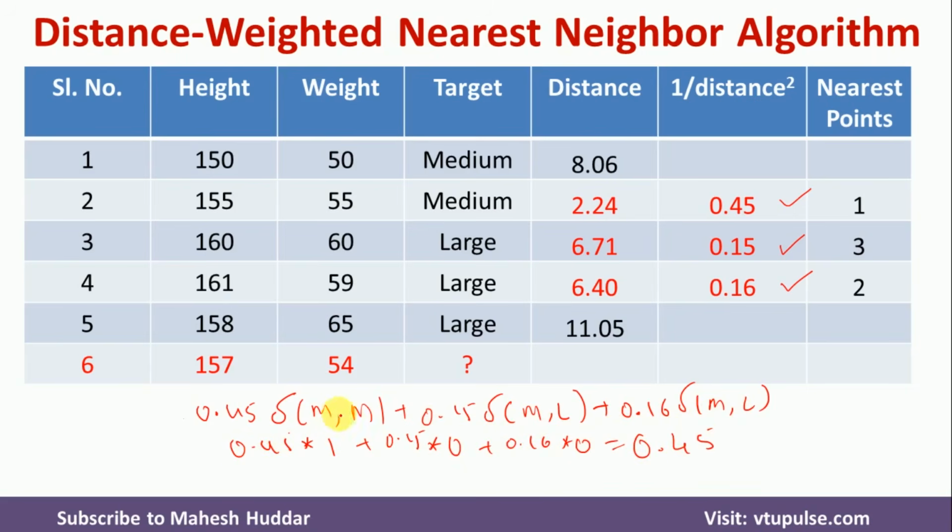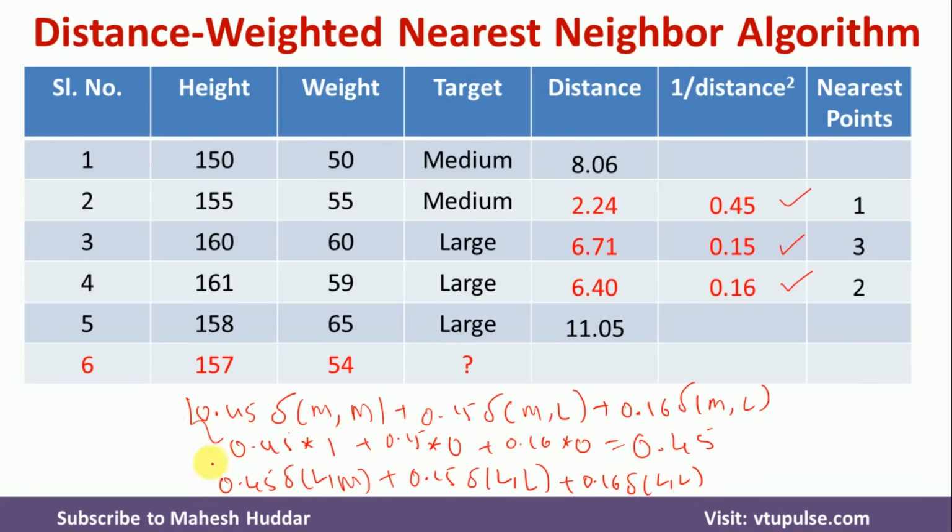Similarly we find it for large also: 0.45 times delta of large comma medium for the first one, plus 0.15 times delta of large comma large for the second one, plus 0.16 times delta of large comma large for the third one.